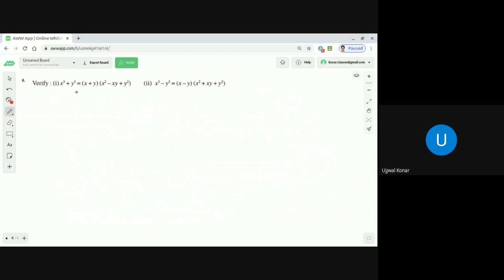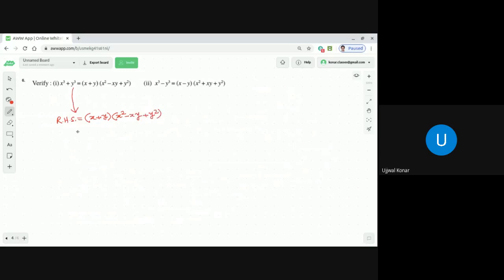So how to prove it? You can take the right hand side first. If we take the right hand side, what are we going to get? x plus y into x square minus xy plus y square.